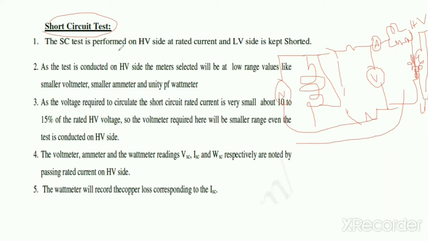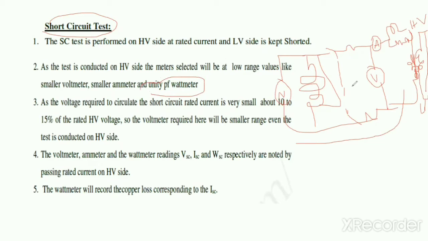The SC test is performed on the HV side at rated current, and the LV side is kept short circuited. As the test is conducted on the HV side, all the meters selected will be of low range values. Therefore we use a smaller voltmeter, a smaller ammeter, and unity power factor.